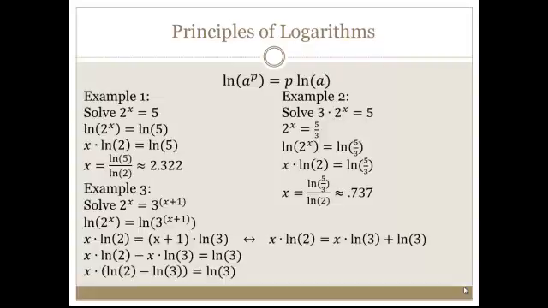Factoring out x, the left-hand side becomes x times the natural log of 2 minus natural log of 3. Finally, we will divide both sides by natural log of 2 minus natural log of 3 to get that x equals the natural log of 3 divided by the natural log of 2 minus the natural log of 3, which is roughly negative 2.71.